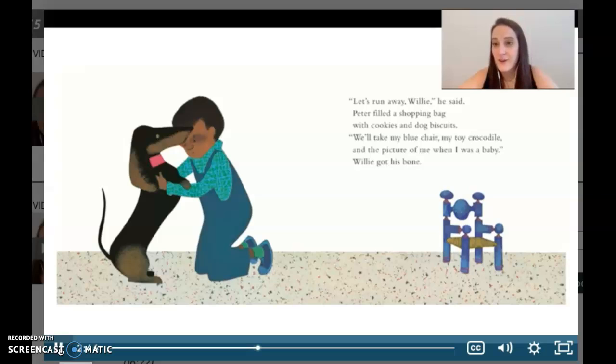She was looking for a friend, and change was hard for her when she moved. What are ways that Peter is similar to Diamond? What are some of the ways that he's different? Go ahead, make a list across your fingers, why don't you? Yeah, on one hand, you might say the ways that they're the same, and on the other hand, you might say the ways that they're different.